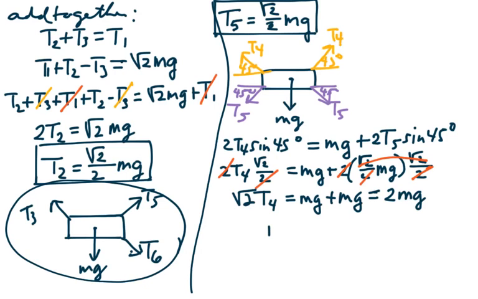Or T4 is equal to 2 divided by the square root of 2 mg, which is equal to the square root of 2 mg. So that's T4.